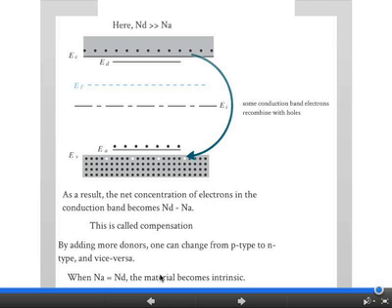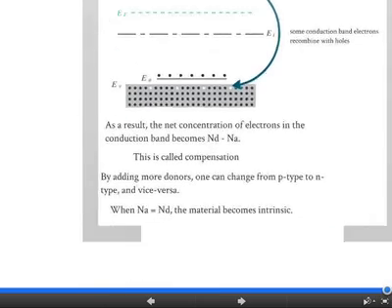This is exactly what happens when you make CMOS transistors that drive all the chips today. You start off with a certain kind of silicon, you make a transistor, and then locally, when you need to make the other kind of transistor, you add the other dopants so you convert it to the other type.